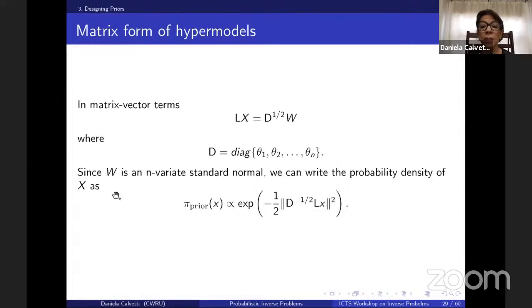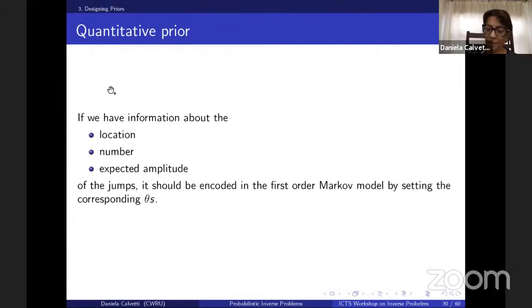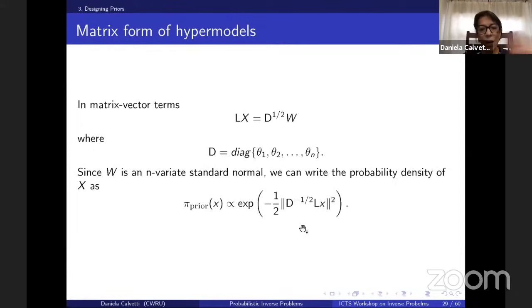Now we know W. W is an n-variate standard normal, so we can actually write down its density. We have a formula for it, so we can write down the probability density of X by inheriting, like if we knew D, in terms of W, by solving this for X in terms of W. Let me go back, I don't want to confuse more.